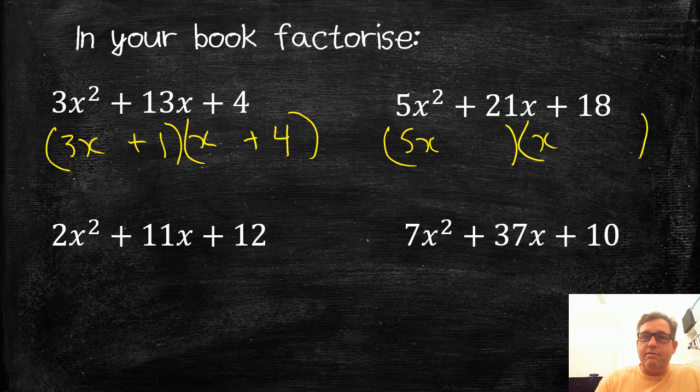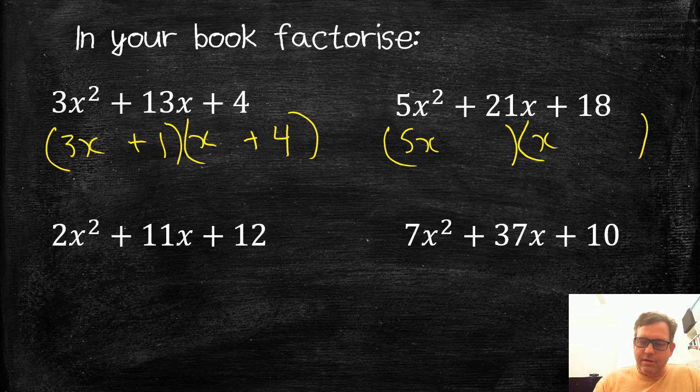Okay, the next one, 5x squared must be 5x times x. There is no choice. It's the only way. 5 is prime. It has to be 1 times 5. Now, to get 18, there are some different choices. So, we try some things. 18 is either 1 and 18. It should be obvious that that's not going to work either way around. The other choice is 2 and 9. That's not going to work.